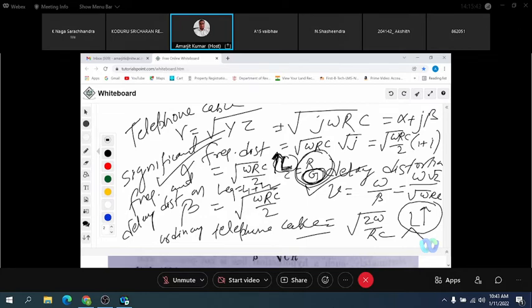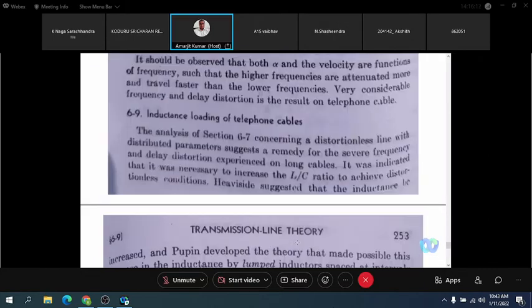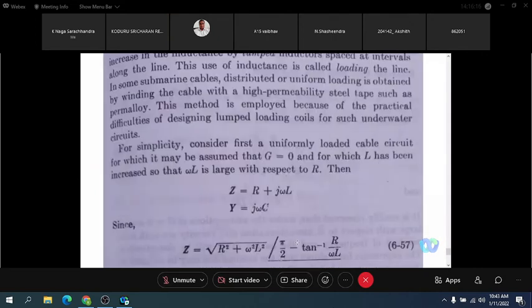There you can use permalloy, a steel tape of high permeability, at uniform intervals. That is known as distributed loading. So for the telephone cable, we were discussing inductance loading of the telephone cable.